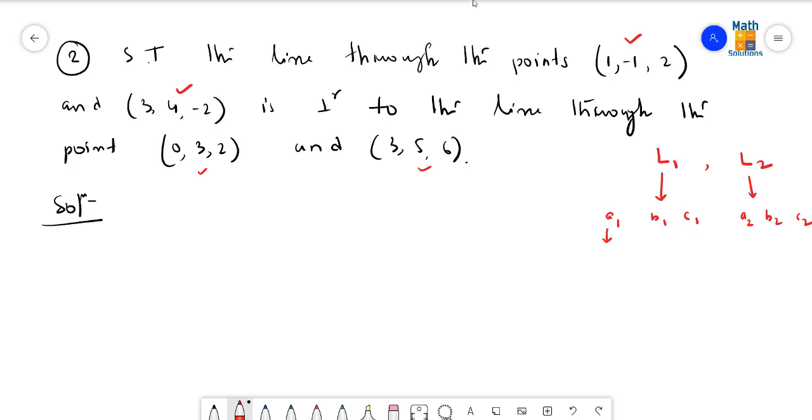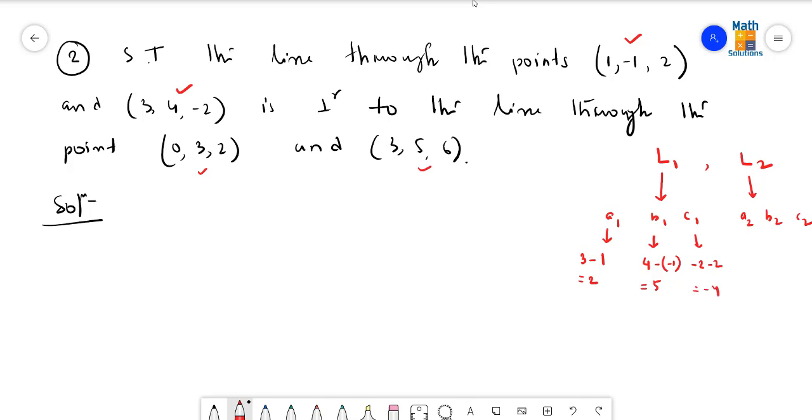That means I can get here 3 minus 1, the result could be 2. Then here it will be 4 minus 1, the result could be 5. And in this case the direction ratio will be minus 2 minus 2, the result could be minus 4.